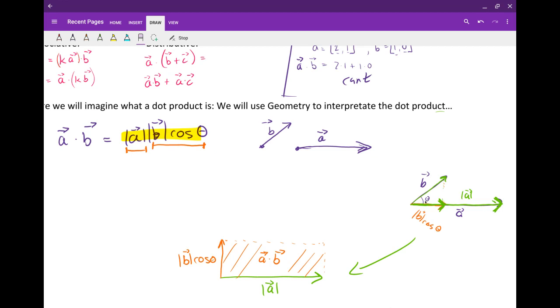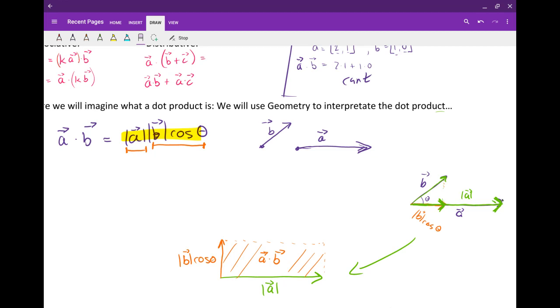Using a little bit of trigonometry, you can see that this is B cosine theta. And this B cosine theta is now this greenish vector, and A magnitude is this longer vector here. And now the dot product is simply A magnitude times B cosine theta.